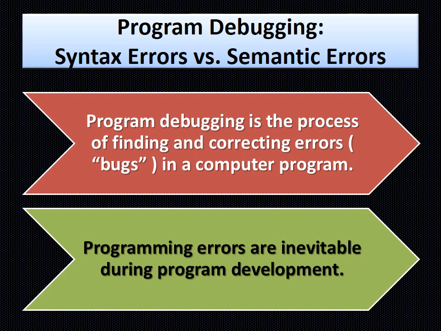Program debugging is the process of finding and correcting errors in a computer program. Programming errors are inevitable during program development.